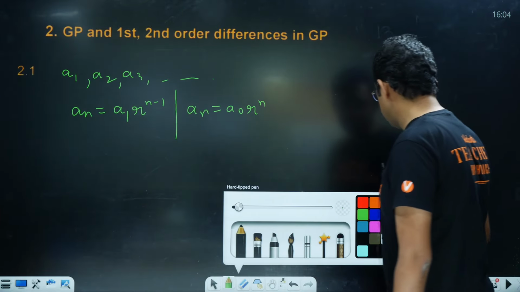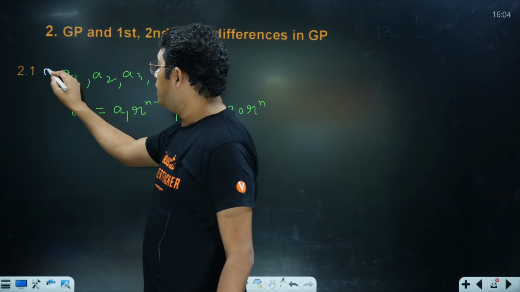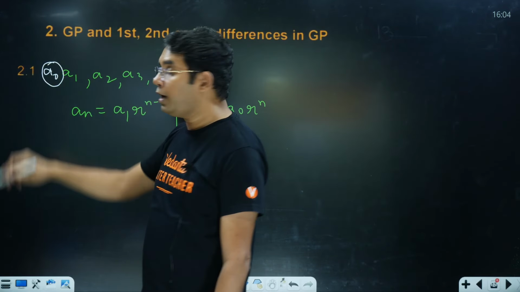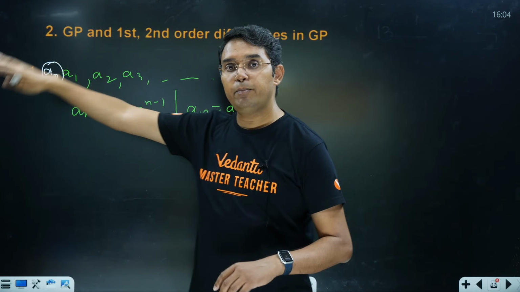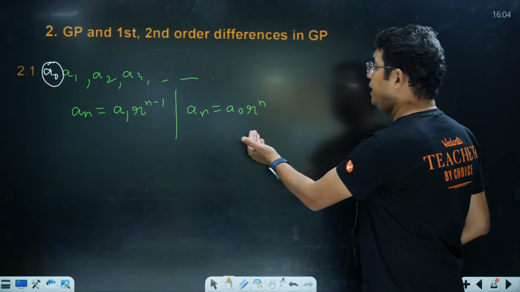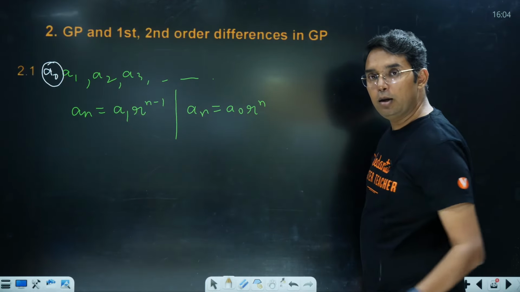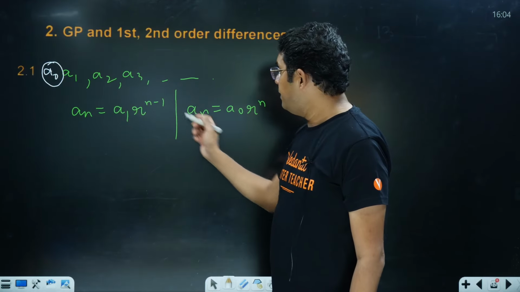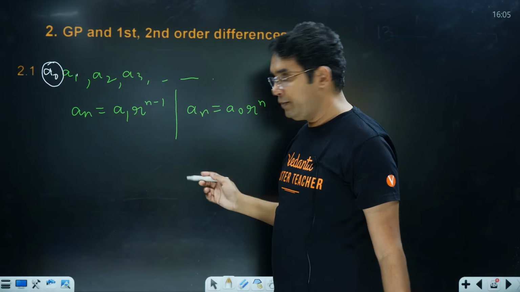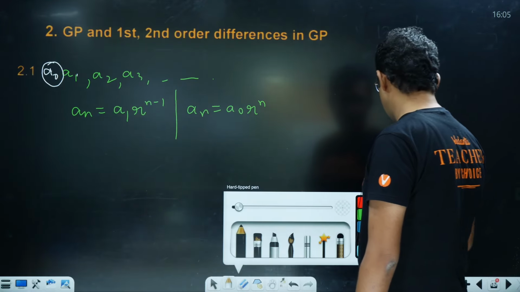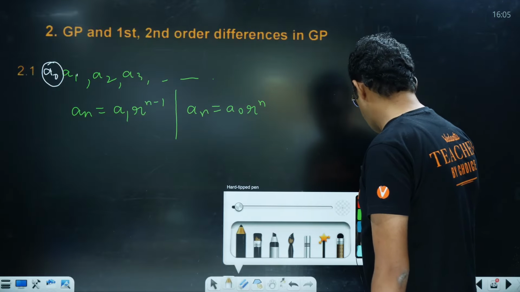This A0 is the same thing which I was talking about there. How will you find A0? Just follow the series one step backward. So it will be An equal to A0 into r power n. It's the same thing. Actually A0 will be A1 upon r.